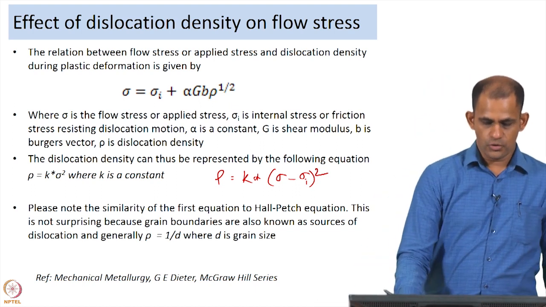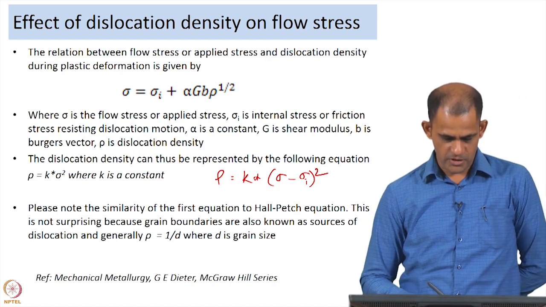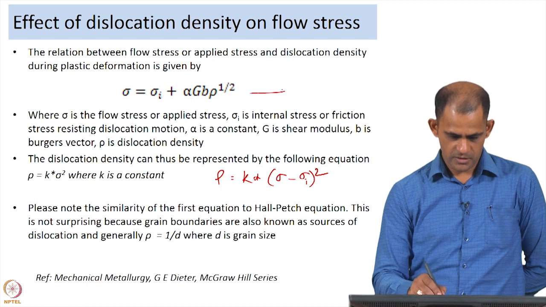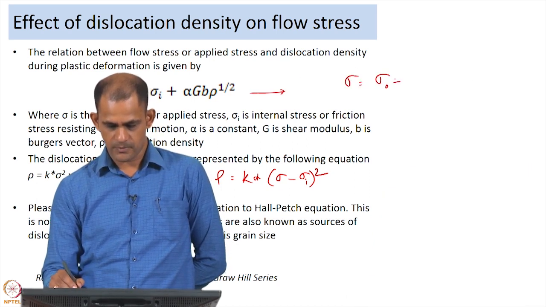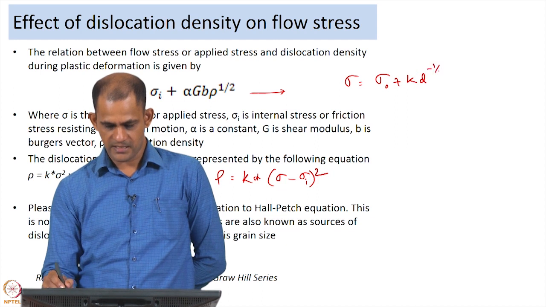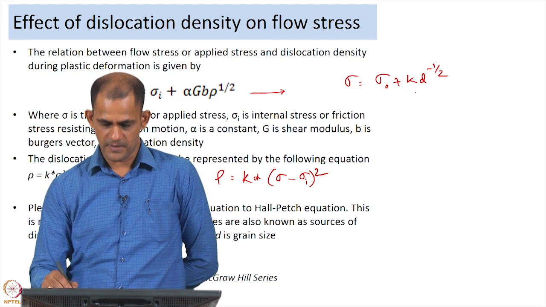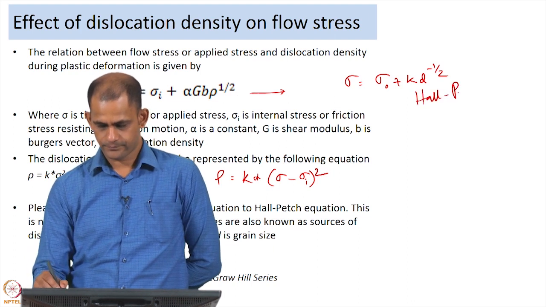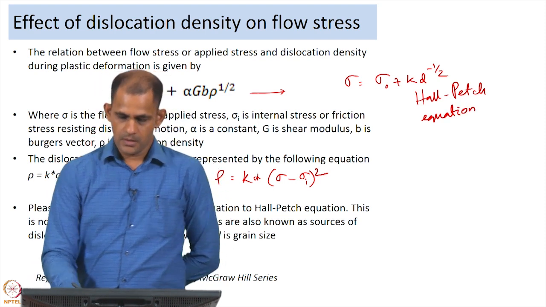One of the things to note here is the similarity of the first equation to the Hall-Petch equation. We know sigma is equal to sigma naught plus k d to the power minus half. So, this equation bears some similarity to the Hall-Petch equation.